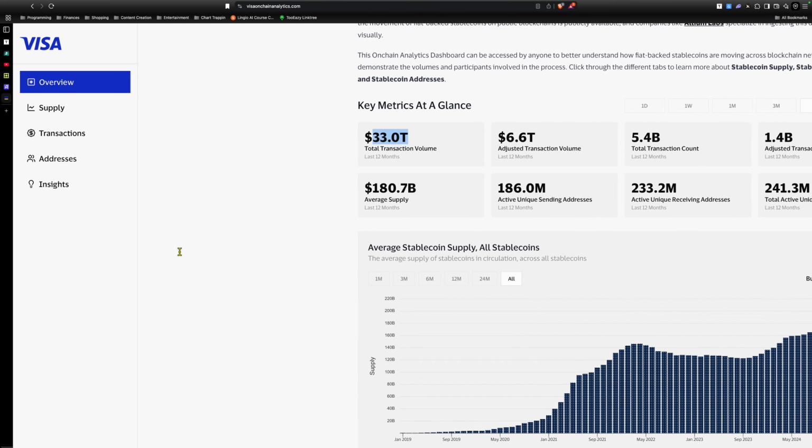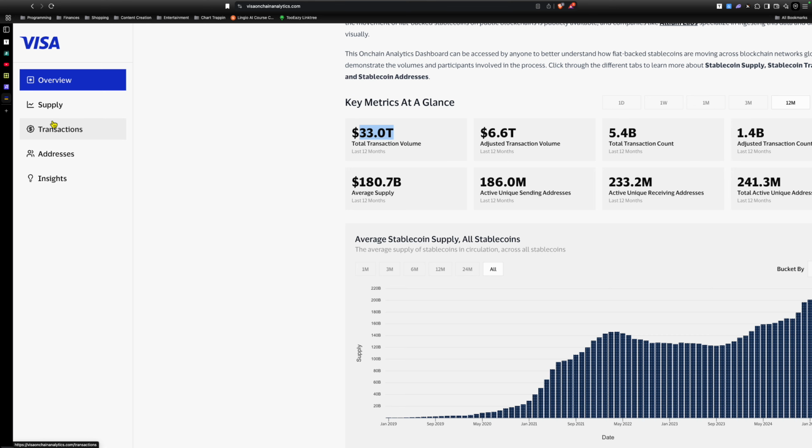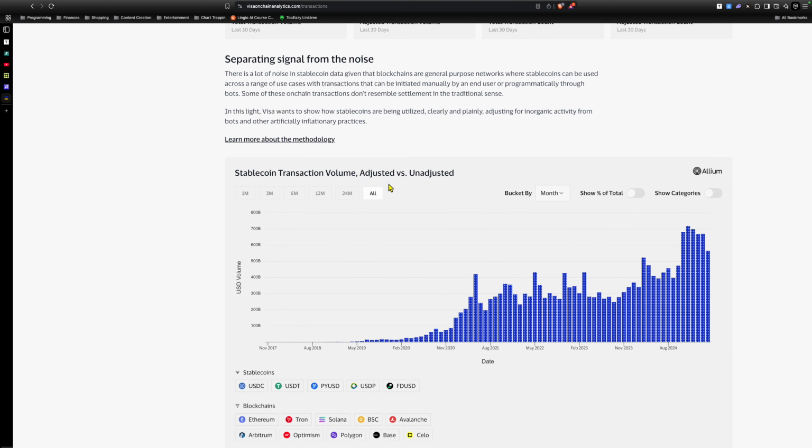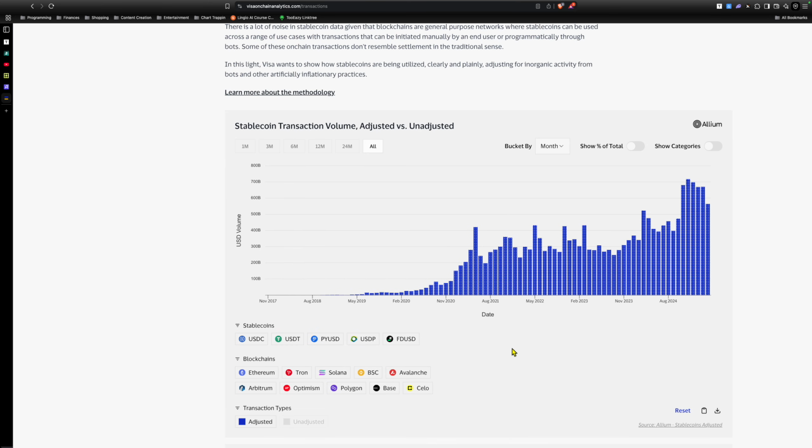What other? There was some other info on this site I like. Supply, transactions, stablecoin transaction volume. Oh yeah, look at this. So they've been tracking stablecoin volume since, look at this, 2019. In 2019 there was 2.96 billion USDC or stablecoin volume that was transacted.